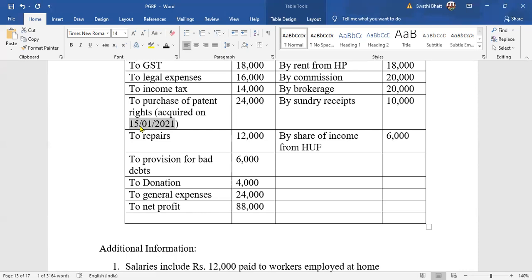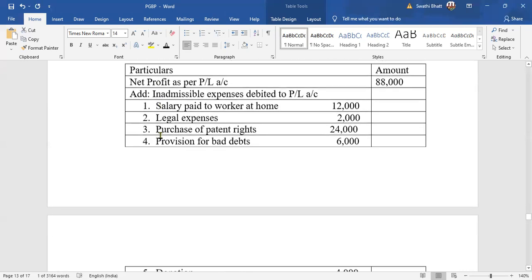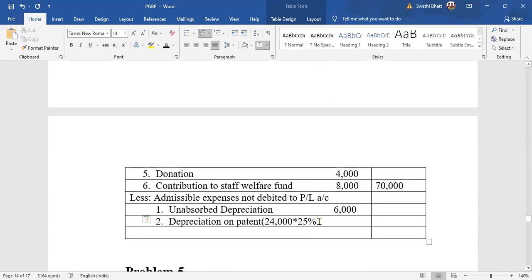If the number of days is more than 180 days, then you can stop your calculation here and directly calculate depreciation. But if it is less than 180 days, only half of the amount can be charged as depreciation. To repeat, when you're calculating depreciation, you will have to calculate the number of days the asset was used.